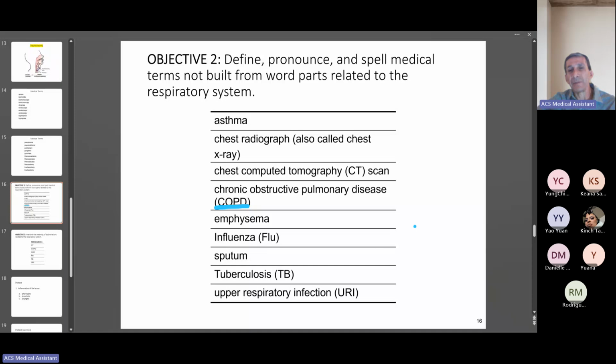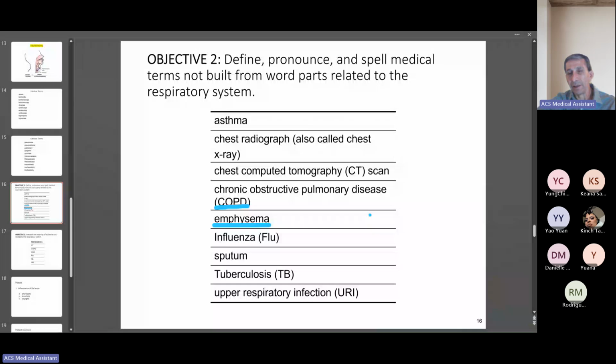They have damage inside the lungs already, and the tubes that bring the air inside. So here is another term, emphysema. We don't divide it. We don't say emphy and ema. No, it doesn't work that way.